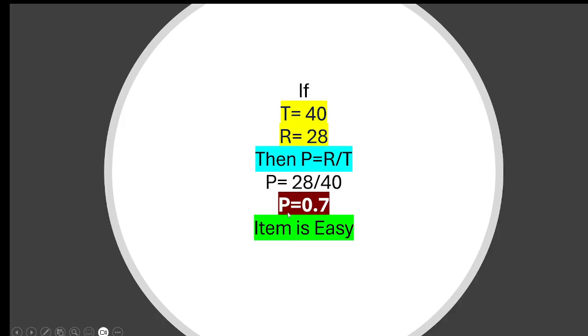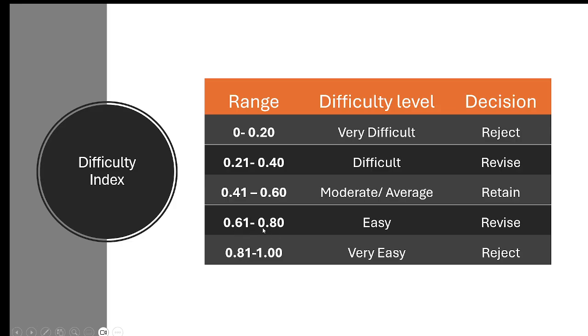As the score of P for the item that I have calculated is 0.7, and this value 0.7 lies here, that is 0.61 to 0.80, it is considered as easy. This is the reason why the item that I have calculated is considered as easy.